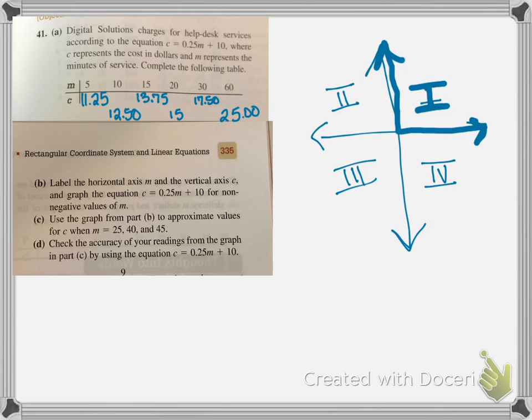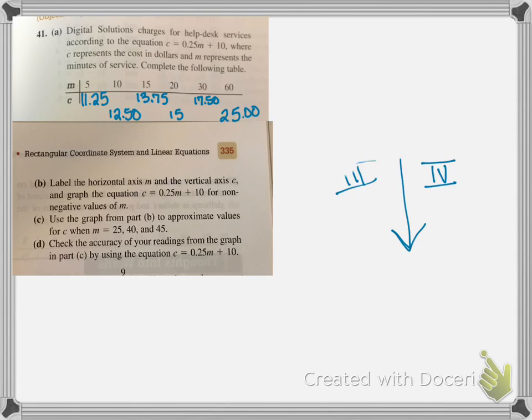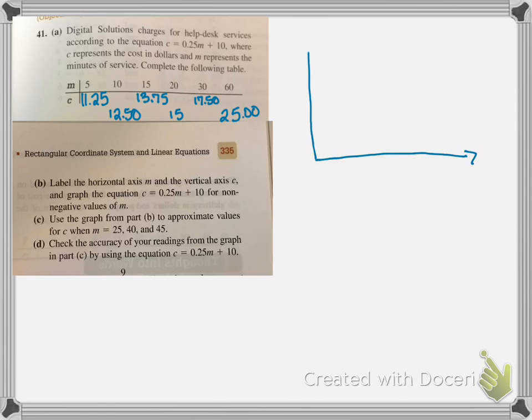No. Okay? So that's why we're hanging out only in this quadrant right here. So you are going to draw your positive x values and your positive y values. Okay? It's telling us that we are going to label the horizontal axis M and the vertical axis C.